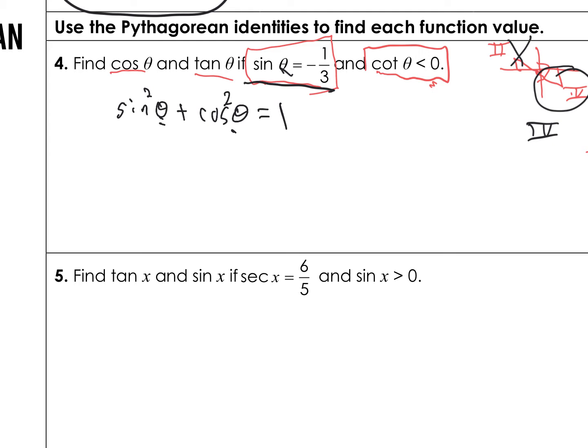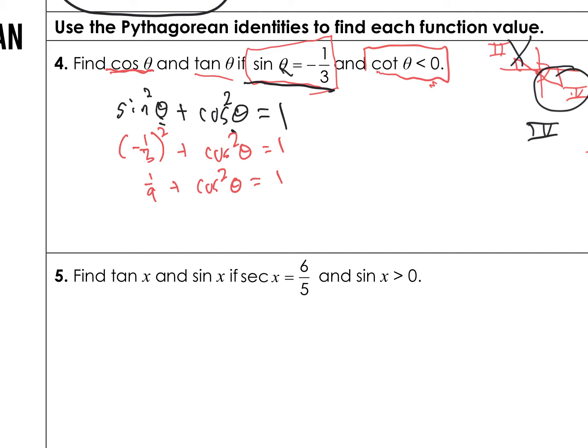So I know sine of theta is negative 1/3. So I'm going to put negative 1/3, and I'm going to square it, plus the cosine squared theta, which I don't know, which I want because he's asking me for it, equals 1. Negative 1/3 squared is equal to positive 1/9, plus cosine squared theta equals 1.